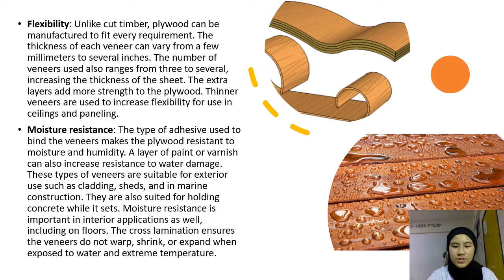They are also suited for holding concrete while it sets. Moisture resistance is important in interior applications as well, including on floors. The cross-lamination ensures the veneers do not warp, shrink, or expand when exposed to water and extreme temperature.